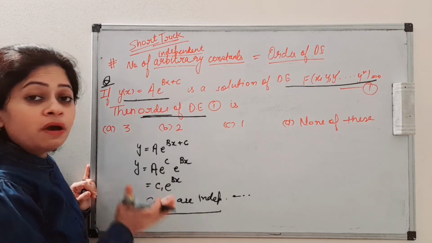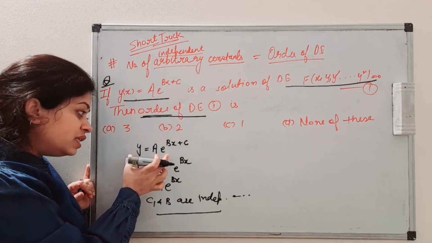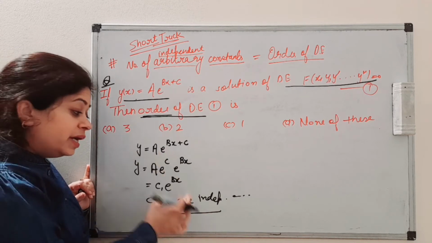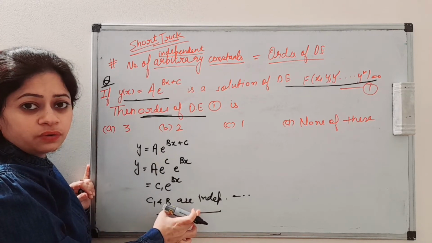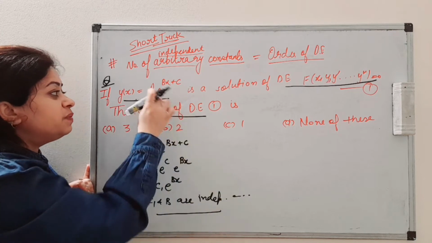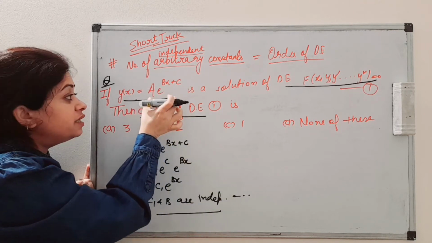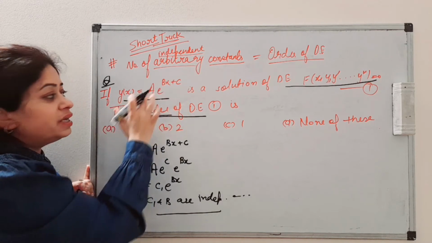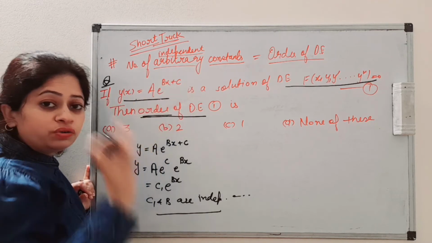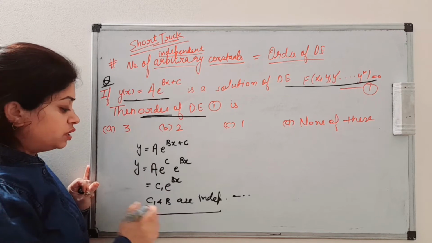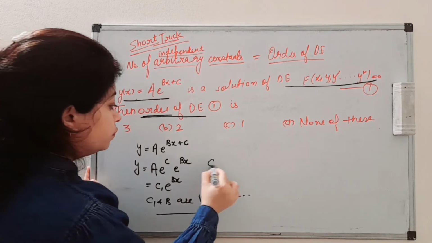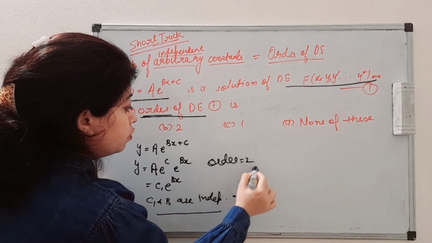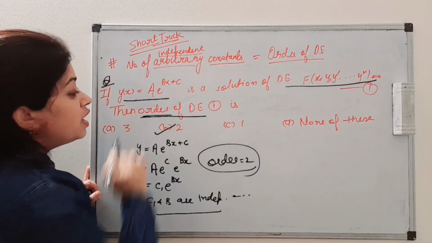For telling the order, the solution should have independent arbitrary constants. Don't make the mistake of telling the order just by seeing the solution. Don't say the order is 3 because it has 3 constants. We should have independent arbitrary constants. So the order is 2.